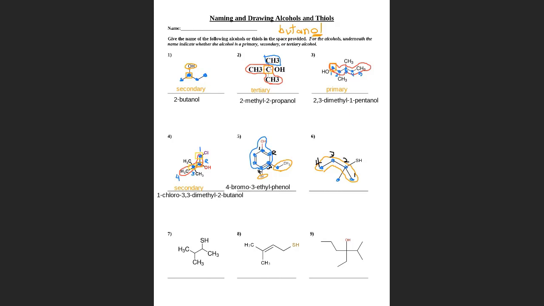Like naming in previous times, we're going to start with our substituents. It's going to be 2-methyl. But then we're going to do something interesting. There are 2 ways that we can do this.